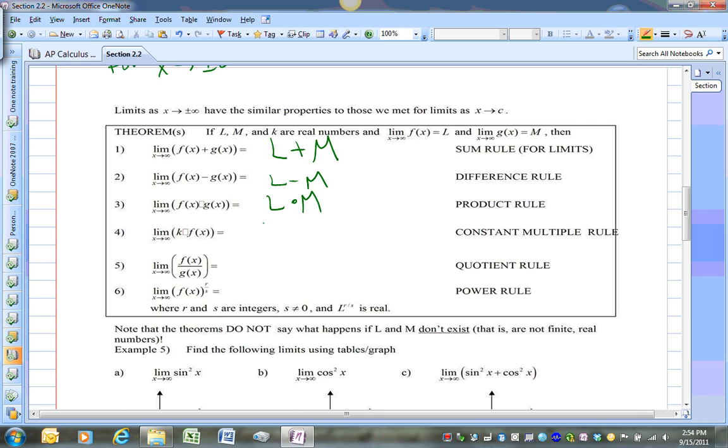L times M. It's supposed to be times. Sorry. L divided by M. Just Microsoft Word being weird. That's L raised to r over s. So again, we assume that L and M are real numbers.